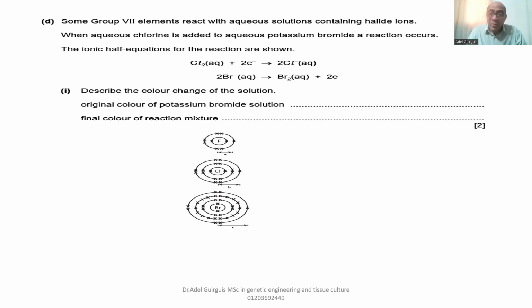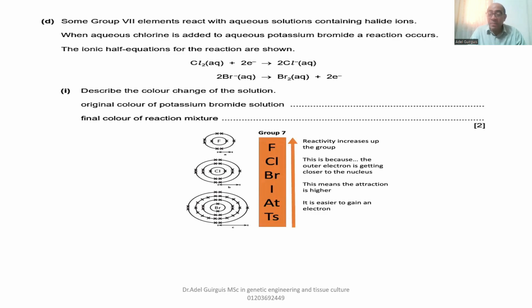All elements of group 7 tend to gain 1 electron to become 8. It is easier for fluorine to gain this electron from another atom than chlorine, and chlorine is easier than bromine. So the reactivity as we go down becomes what? As we go down, the reactivity decreases. As we go up, the reactivity increases. Reactivity increases up the group.